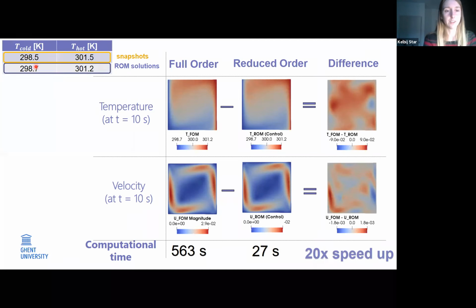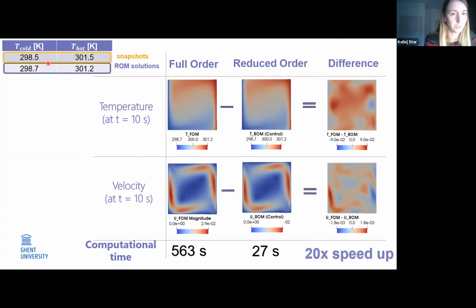This difference is 0.2, this difference is 0.3. Because the reduced order model is only trained for one parameter set, you need to stay rather close to your original value, because this is a buoyancy driven problem. It's a highly non-linear problem.